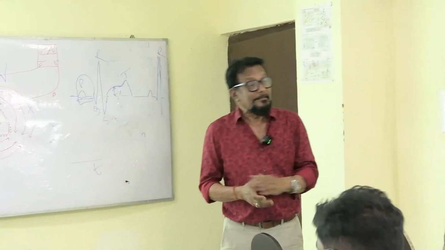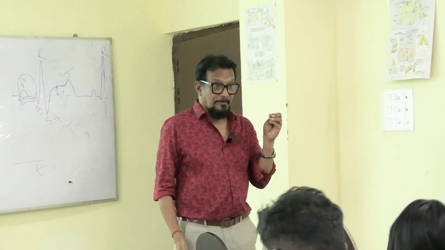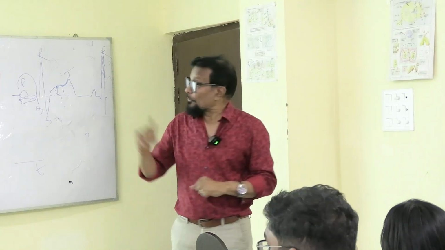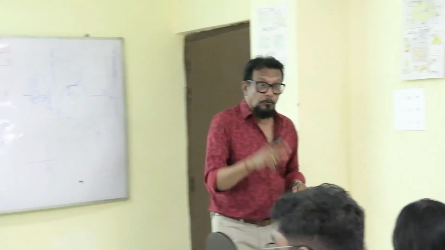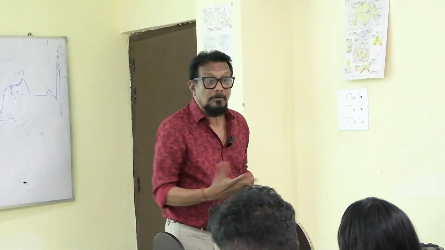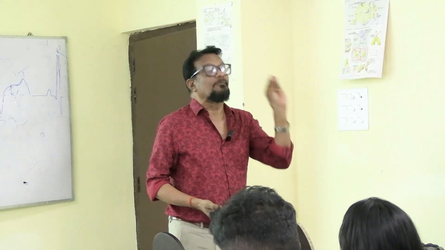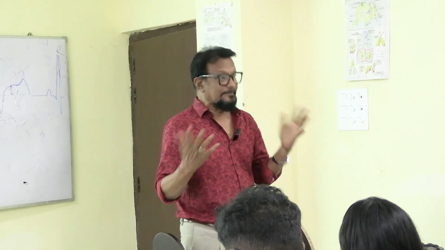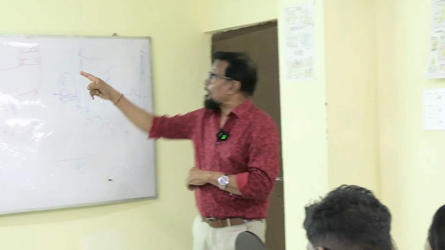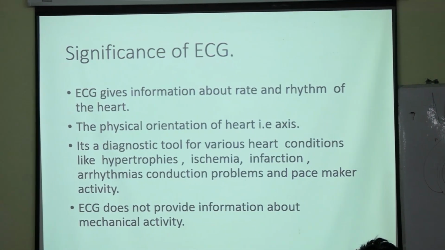Normally these impulses are formed in the SA node and transmitted. So from here we want to know whether this cardiac impulse originated in the SA node or in the AV node. If it originates from the SA node, we call it sinus rhythm. So it gives us the rate and rhythm of the heart.